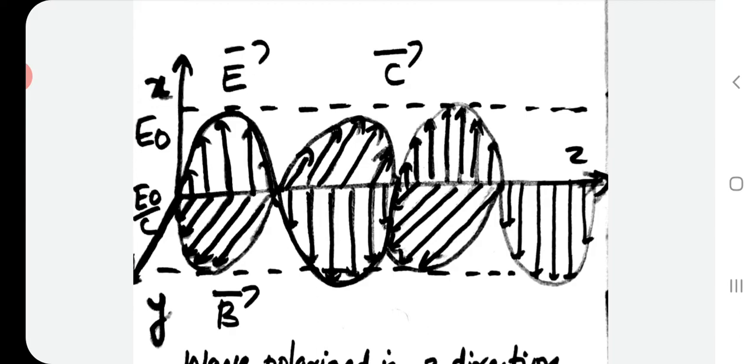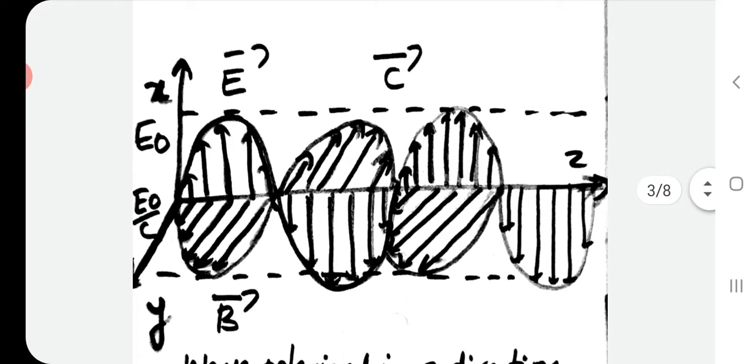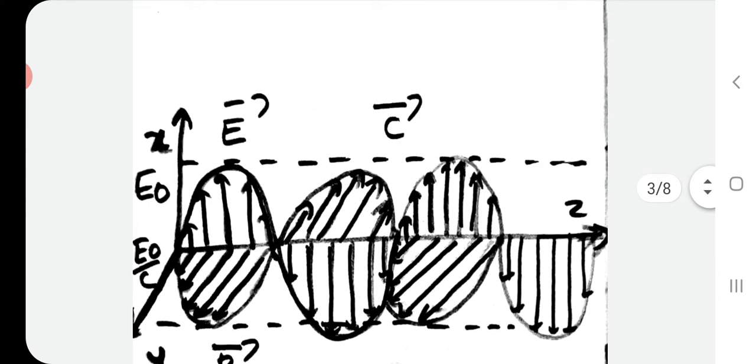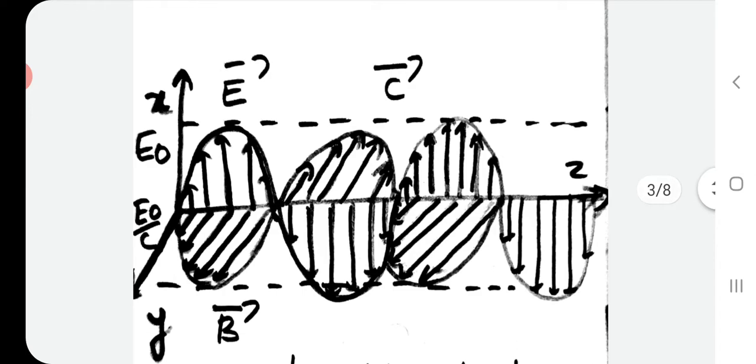With regard to electromagnetic waves, we always talk about polarization. This is a wave that is polarized in the x direction, not in the z direction. The direction of the electric field is the direction of polarization. Here the electric field is pointing in the x direction, so this is polarized in the x direction.